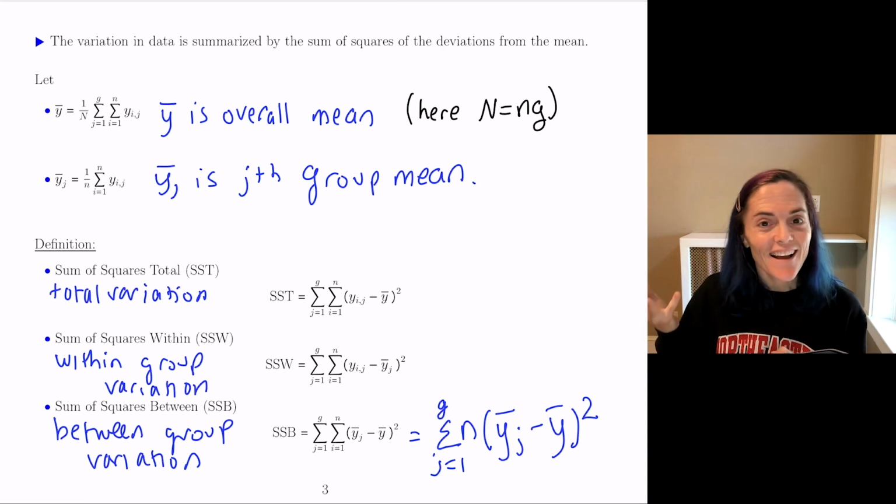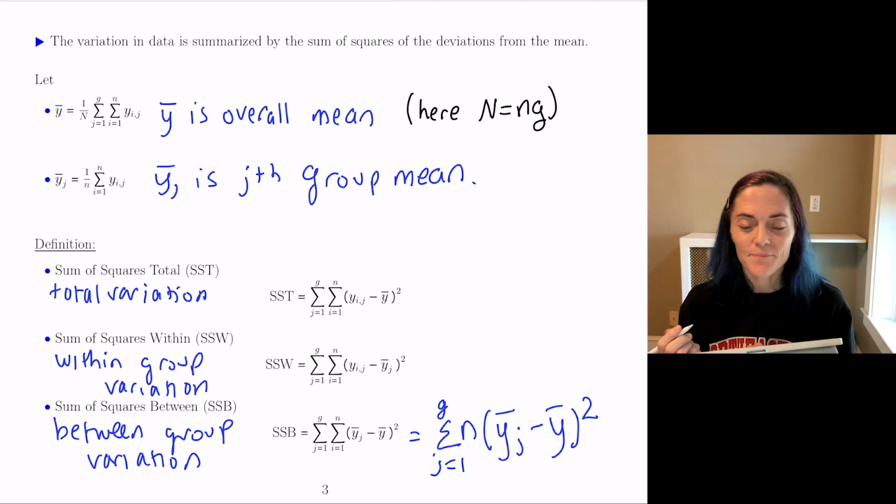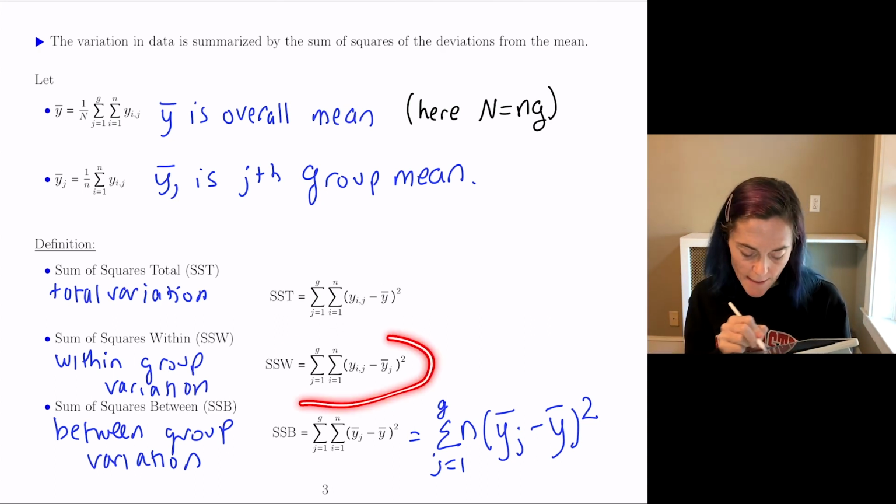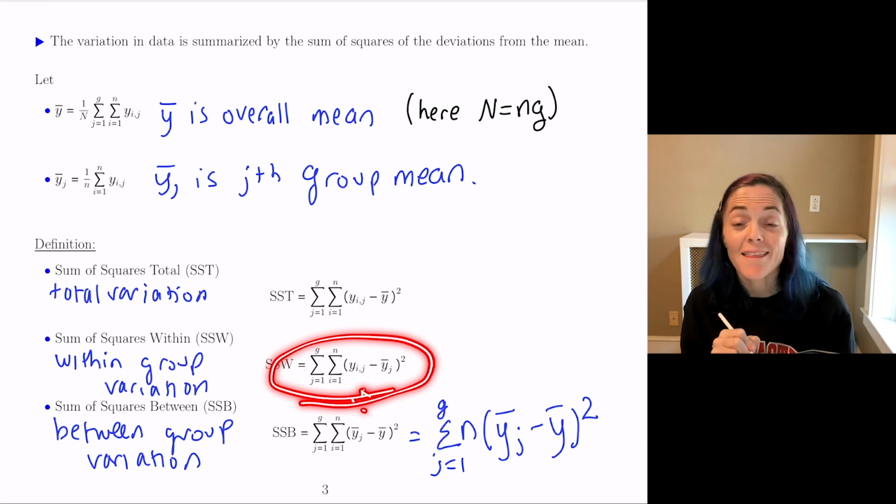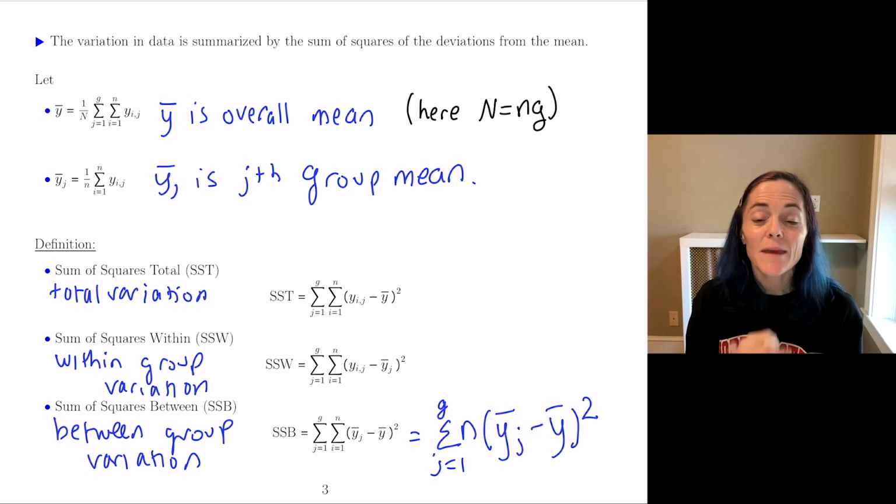Similarly, you could factor out the n in front of the sum. In a few pages, I'll mention a different way to think about sum of squares within, but for now, we can move on.